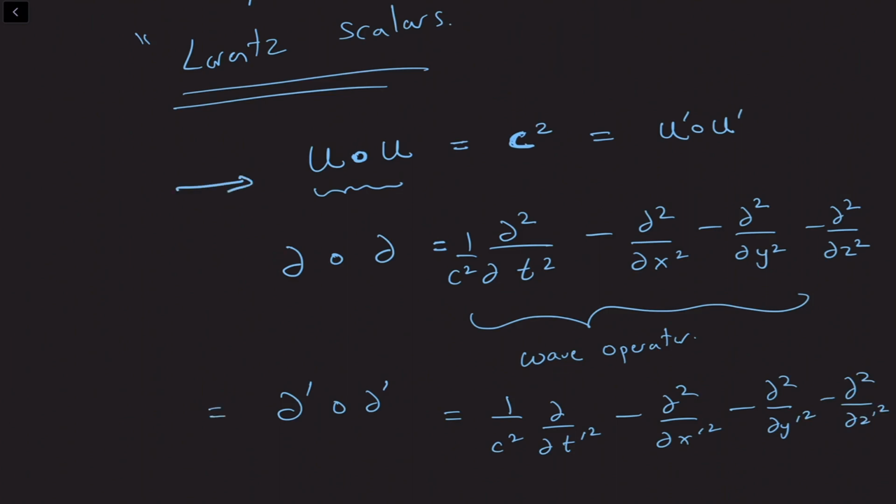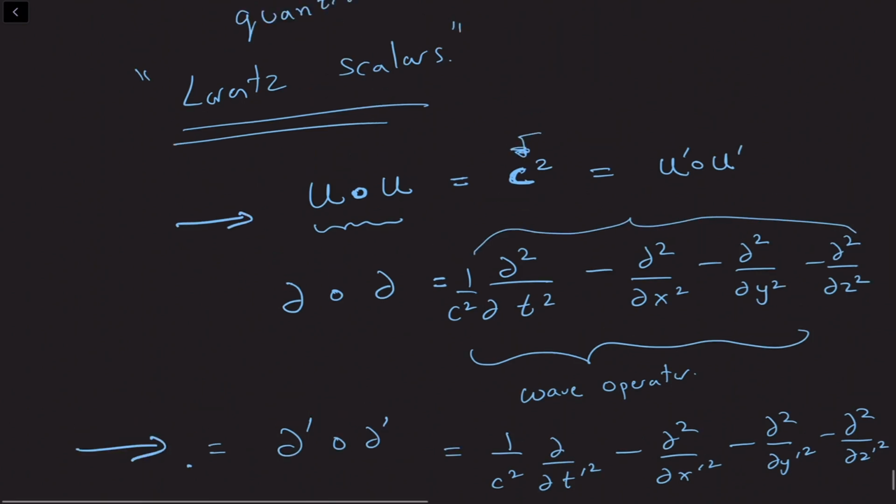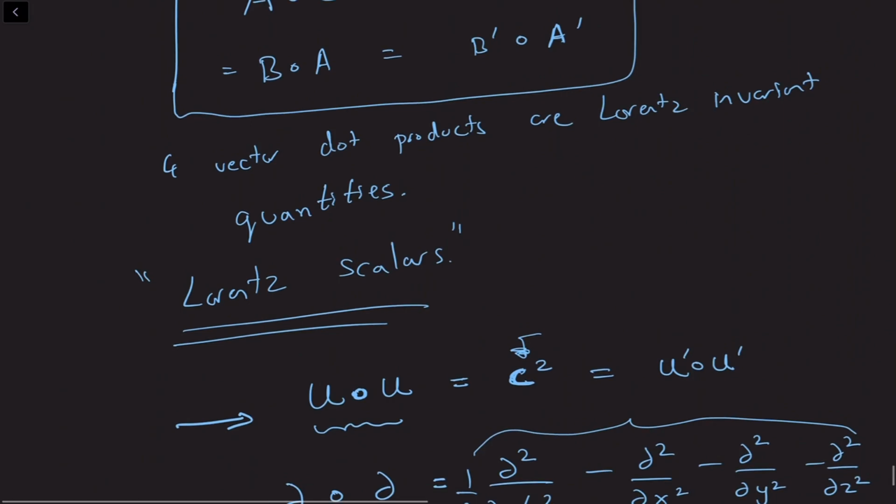So these are some examples of Lorentz scalars. This operator is a Lorentz scalar, this number is a Lorentz scalar, and the space-time interval is a Lorentz scalar.